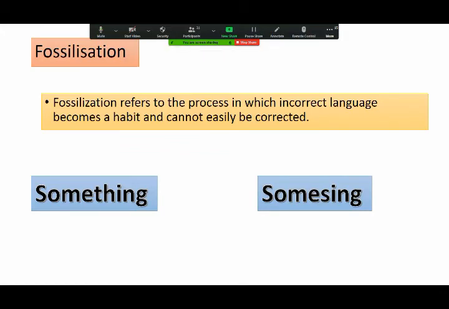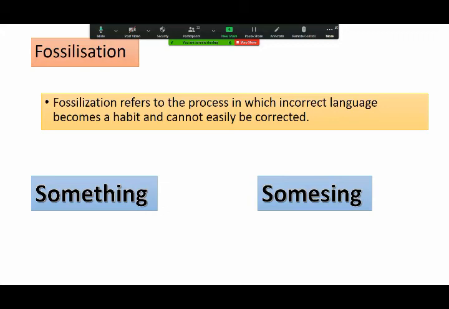For example, the word you see on the screen, "something." He has pronounced this word for 30 years with an "s" sound. This cannot be easy for him to say with the "th" sound.